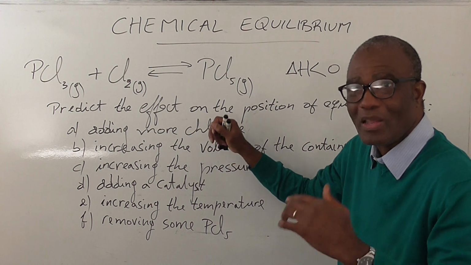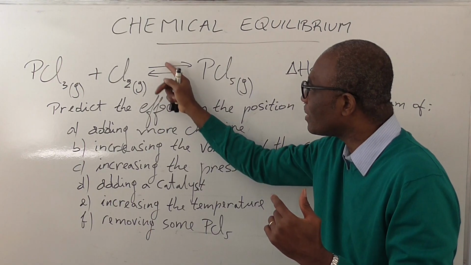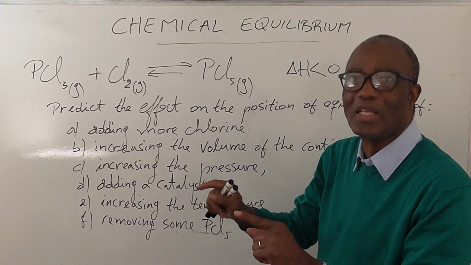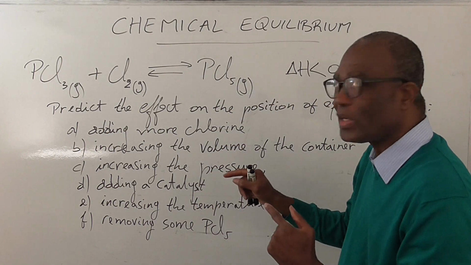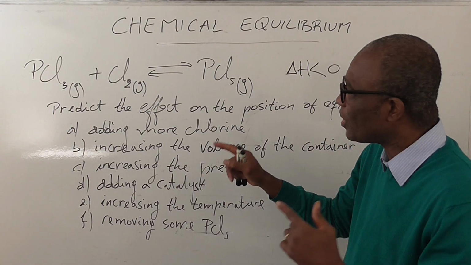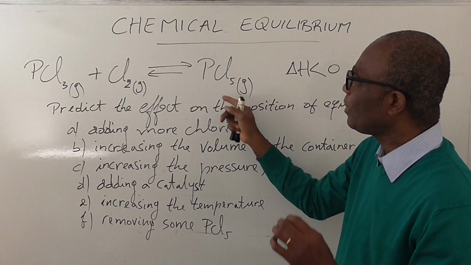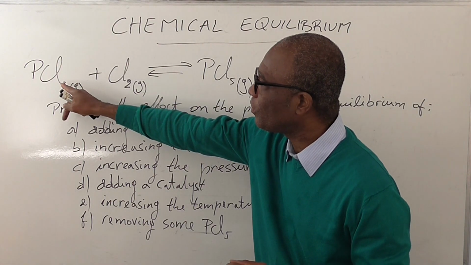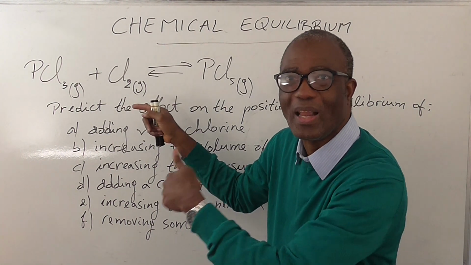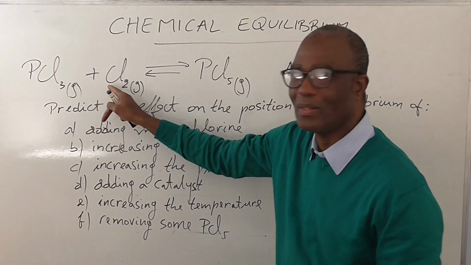But when we increase the volume of the container, we decrease the pressure, and the equilibrium will shift to the left-hand side, producing more of the reactants.